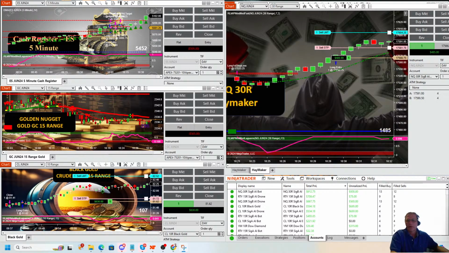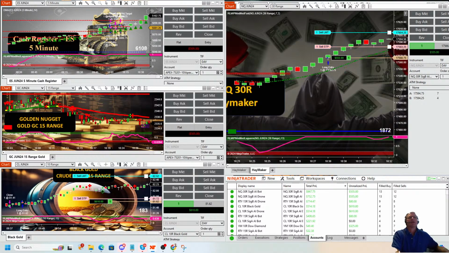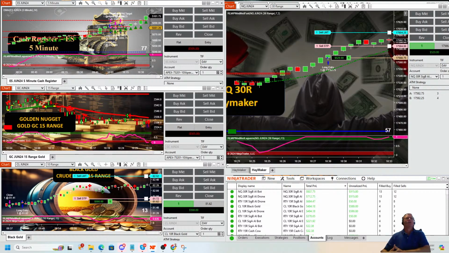Let me see if I can find that Dow. Here it is. Beautiful trade. Look at that. 50 ticks was the perfect distance on that one. So once we get to 40 ticks away, that profit window that forms the bracket, the stop will show you right where your window is.